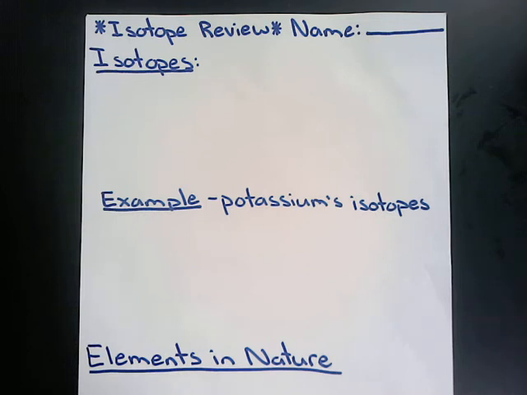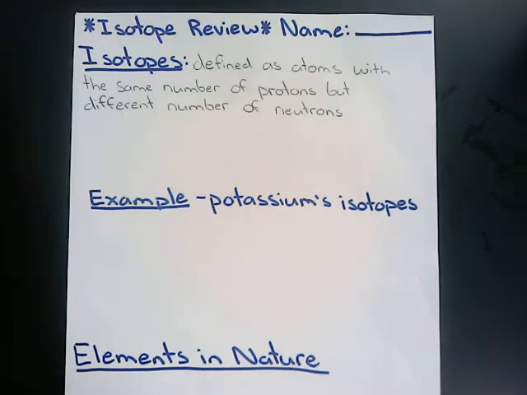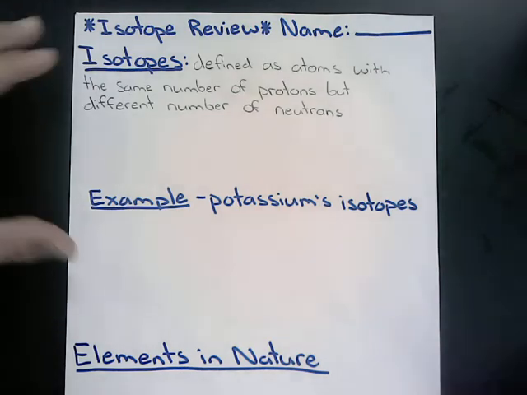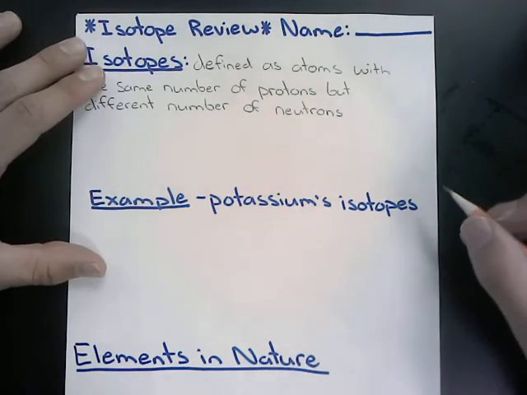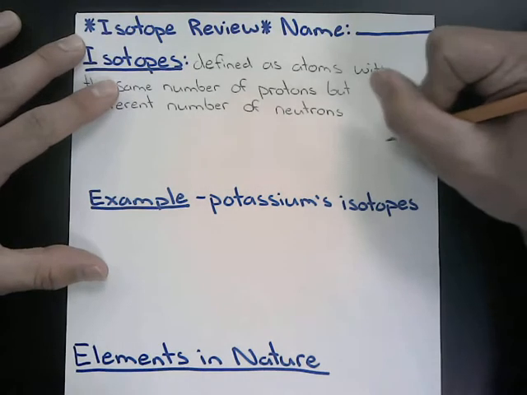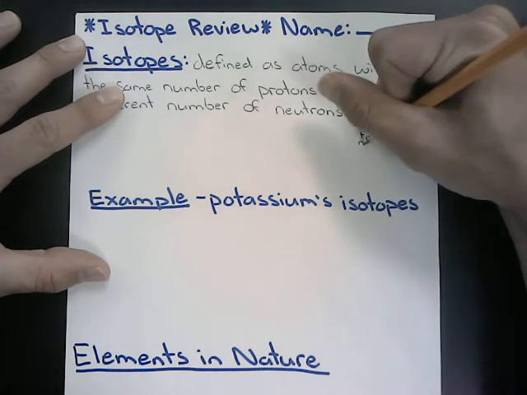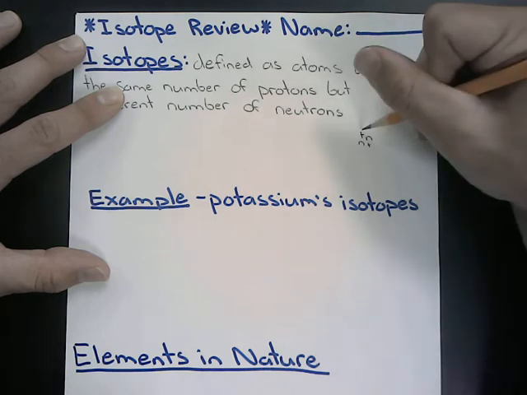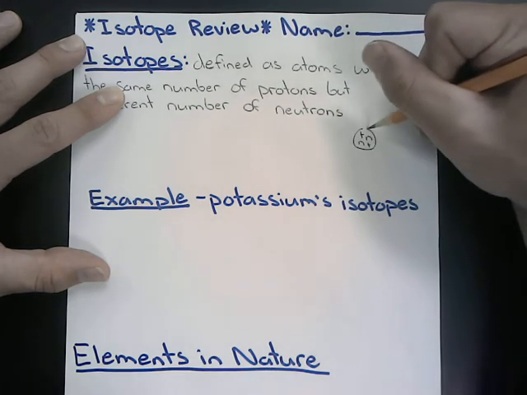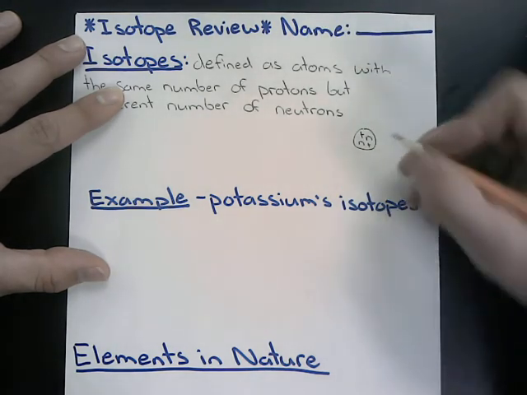Isotopes are defined as atoms with the same number of protons but different numbers of neutrons. Just as a reminder, remember the atom. We'll draw a real simple model of the atom. Inside the center, these pluses and N's are the nucleus of the atom.